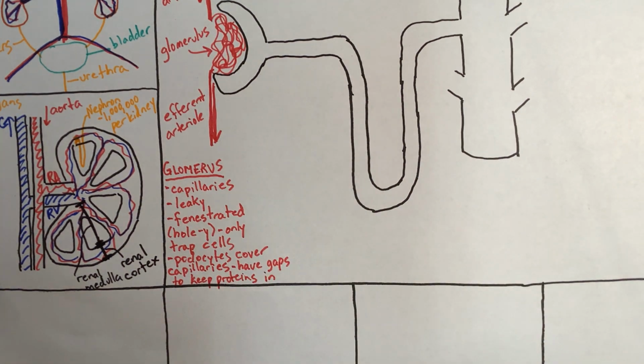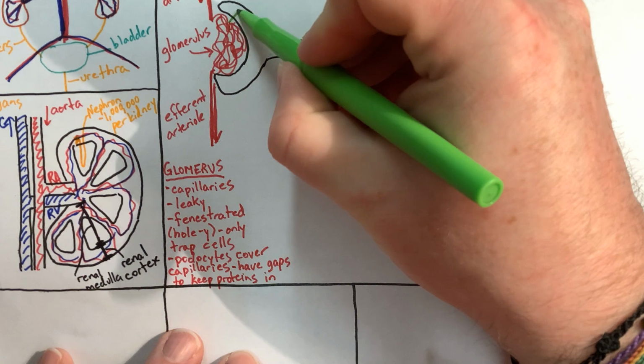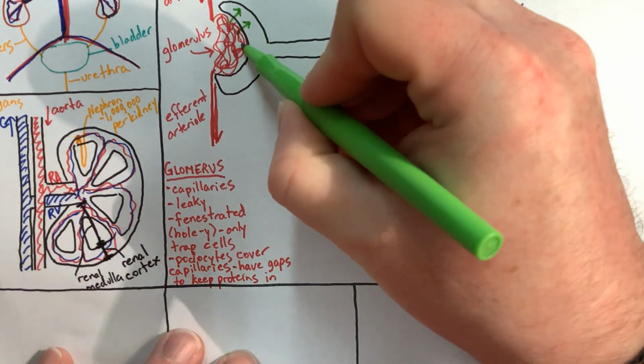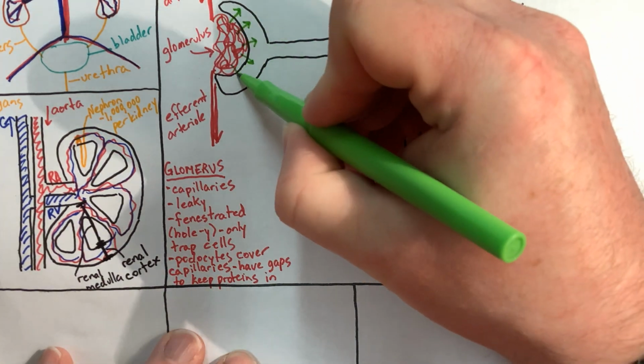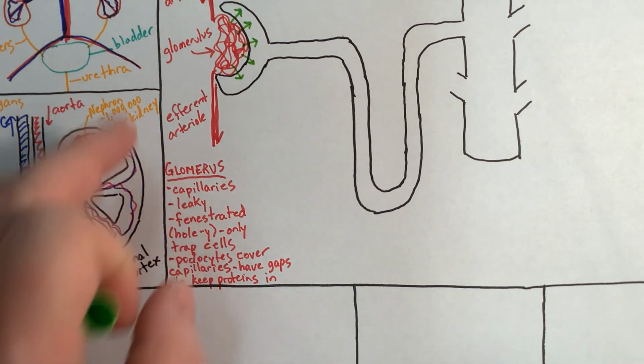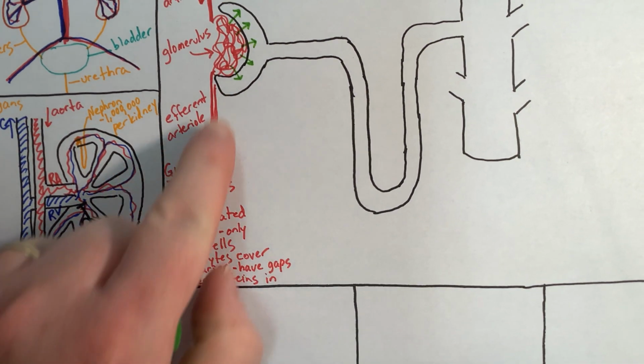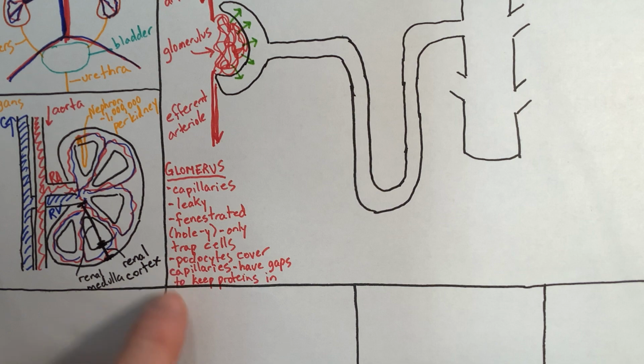So a lot of stuff is coming out here. Let's draw that in. I'm going to use a green marker for this. So here's all of those materials leaving the glomerular capillaries. So remember, the fenestrations are keeping cells from moving out, and those podocytes are keeping proteins from moving out.